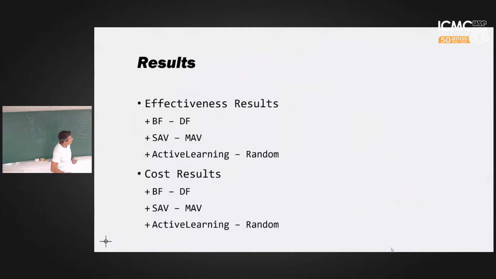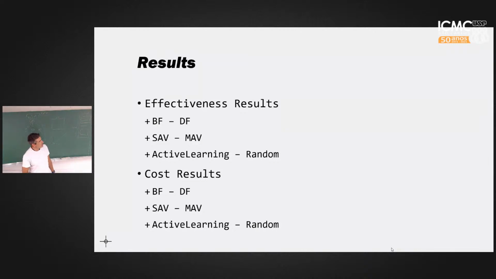Okay, so I want to show you some results that I obtained in the JSS paper, the paper where I presented the framework. That is the paper that I presented yesterday. And I want to ask you some questions.